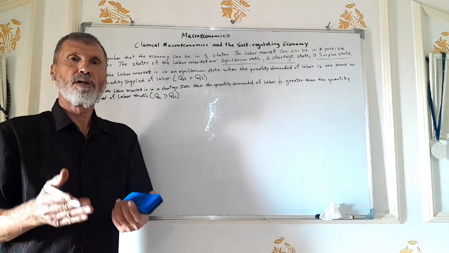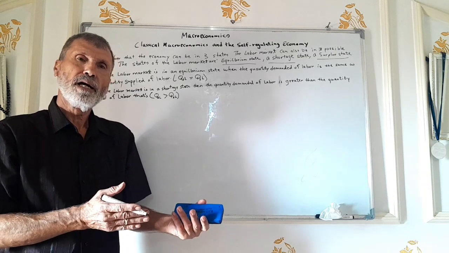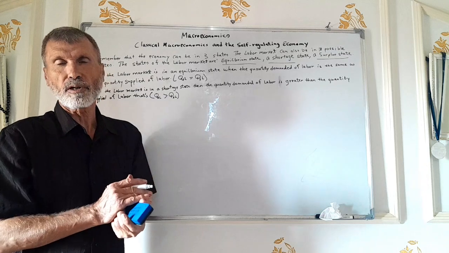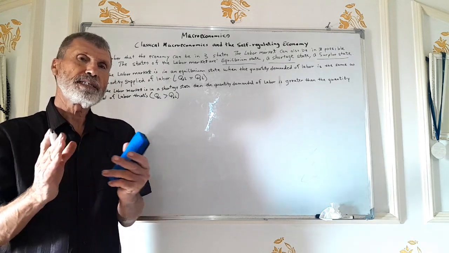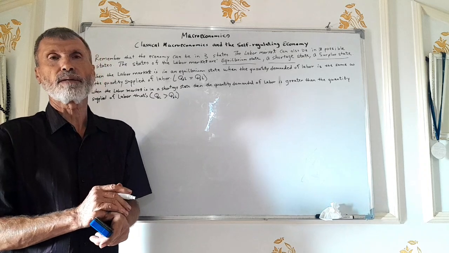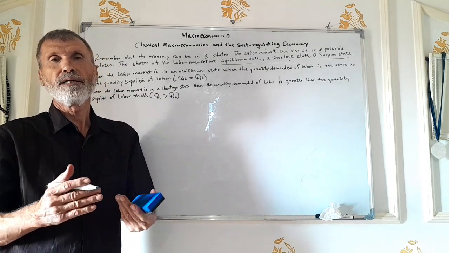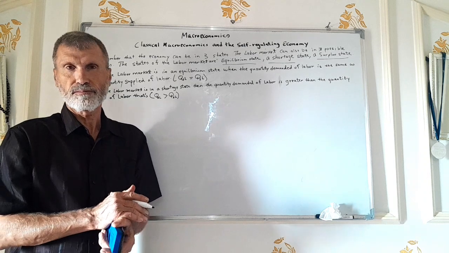When the number of jobs available in the economy is greater than the number of workers looking for work, the quantity demanded of labor is much greater than the quantity supplied of labor. And in this case, we're going to have a labor market that is experiencing a shortage.